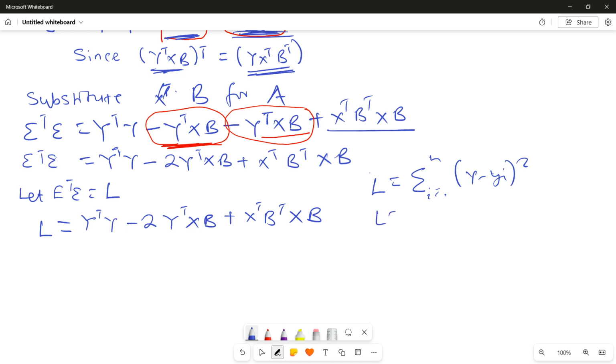Which was something like L equals the sum from i equals 1 to n of (y minus beta naught hat minus beta 1 xi) squared. Then we said, okay, from this can we get the partial derivatives with respect to beta naught hat, and also another partial with respect to beta 1 hat, right?